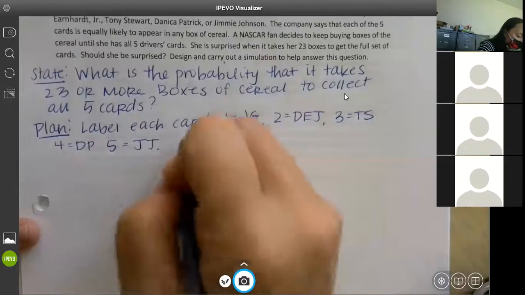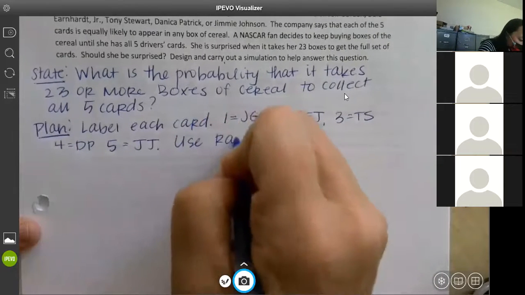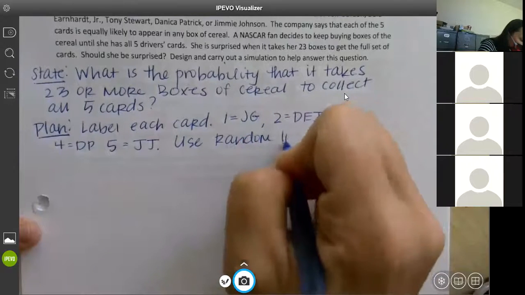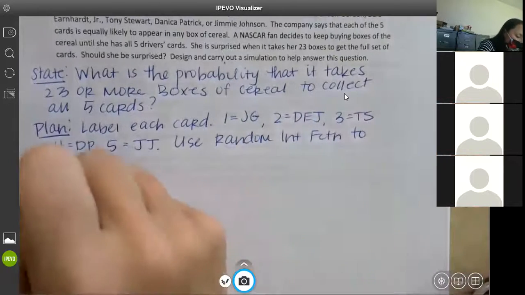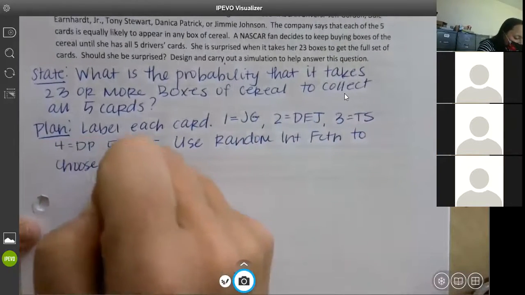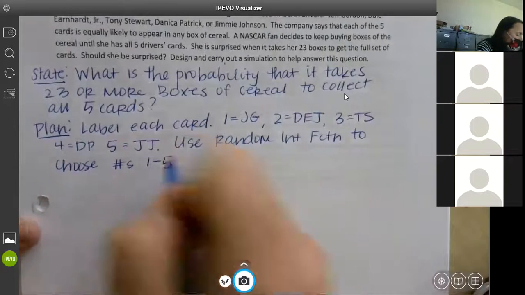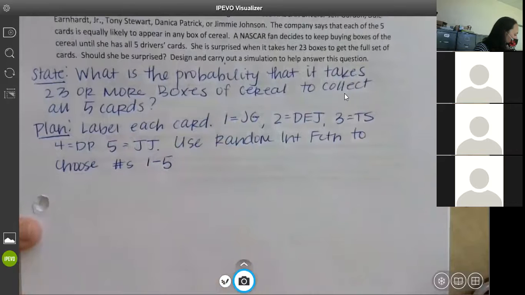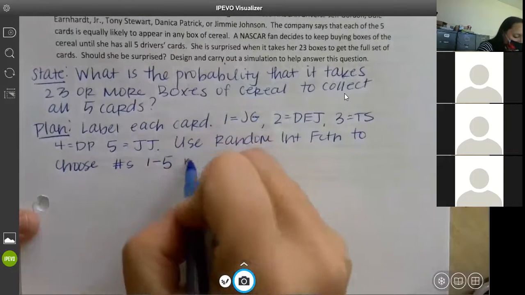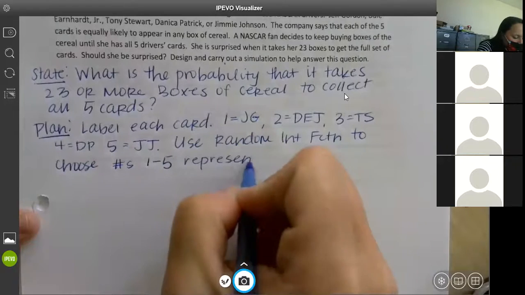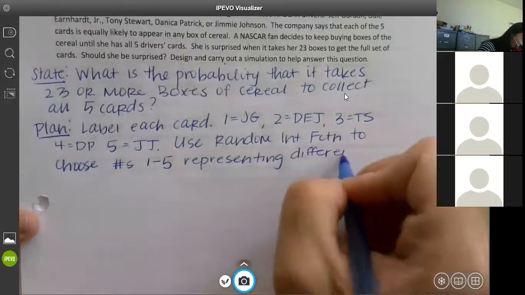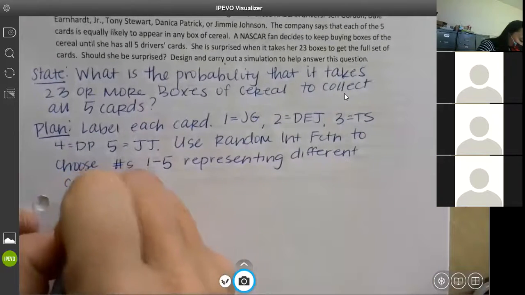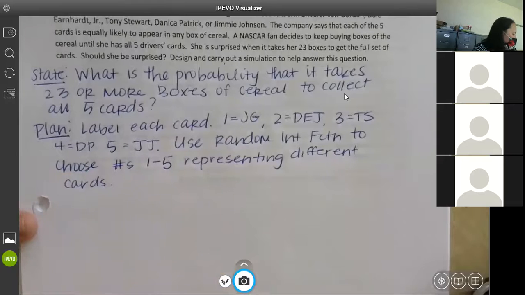How do we use our calculator? The random integer function, to choose numbers 1 through 5, representing the cards. When do we stop?